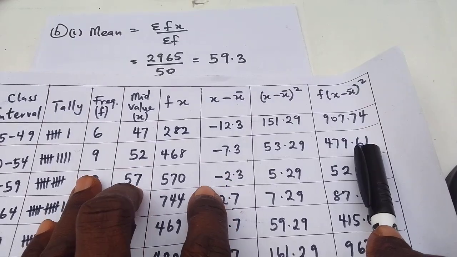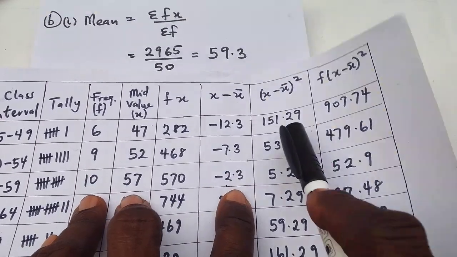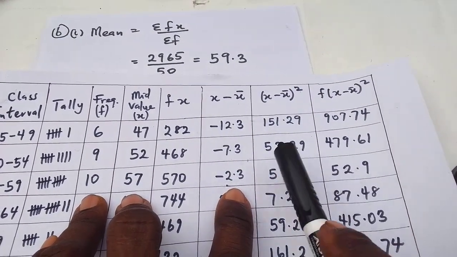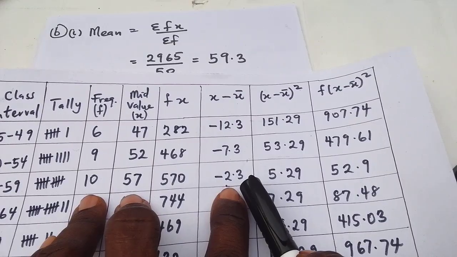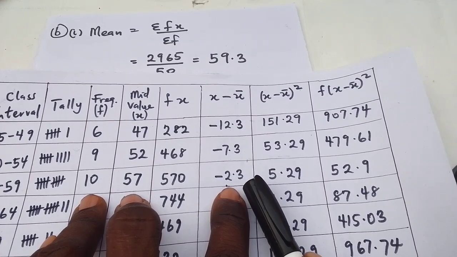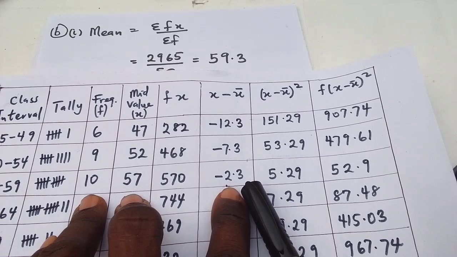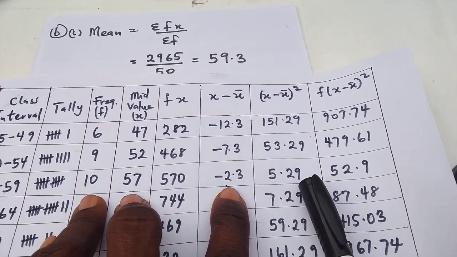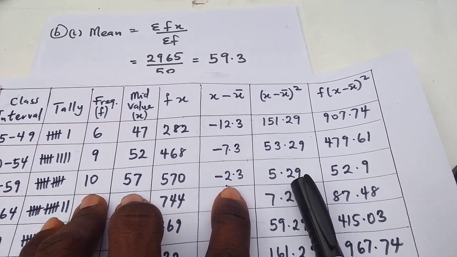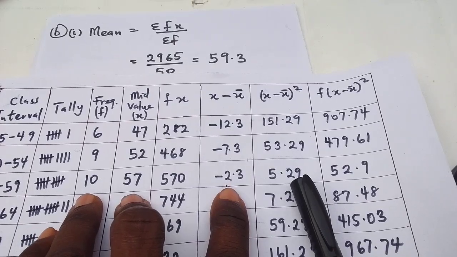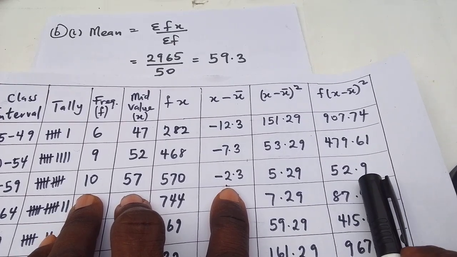Then the next mid value, 57. 57 minus the mean, 57 minus 59.3 gives us minus 2.3. Then minus 2.3 squared will give us 5.29. Then 5.29 times the frequency, which is 10, gives you 52.9.